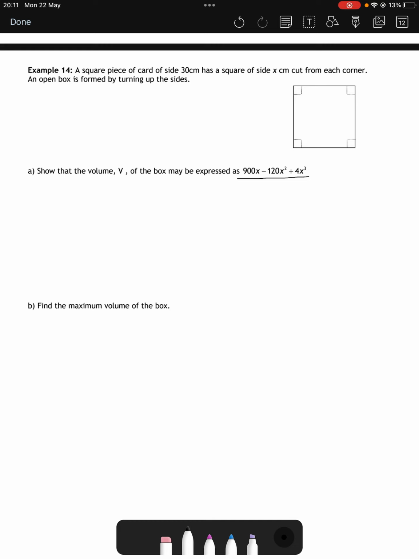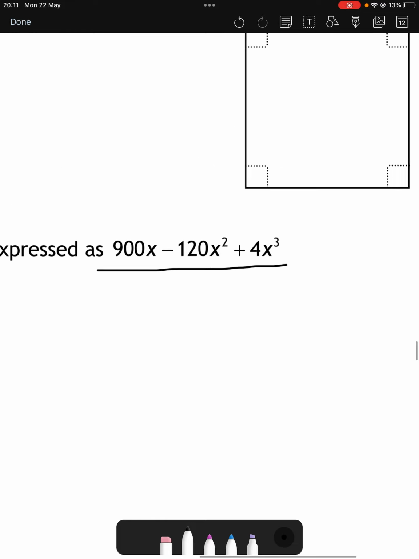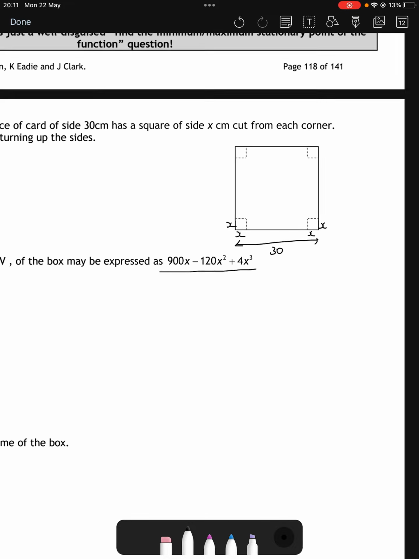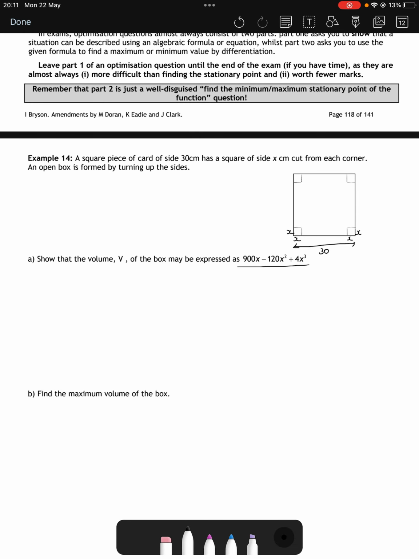So, a square piece of card has a square of x centimetres cut from each corner, right? So what does that mean? That means these wee bits here are x, and each side is 30 centimetres, and these wee bits here are x. An open box is formed by turning up the sides, find the volume.